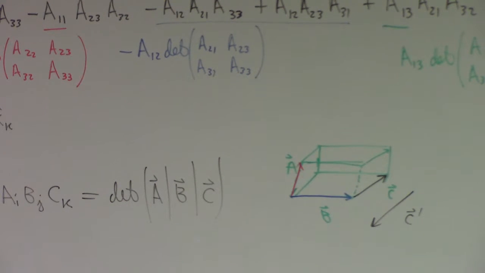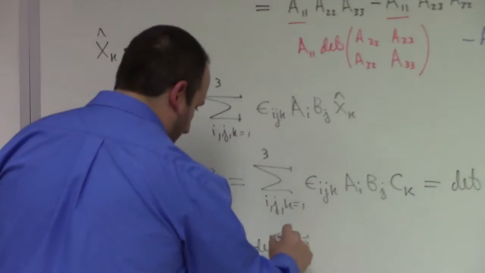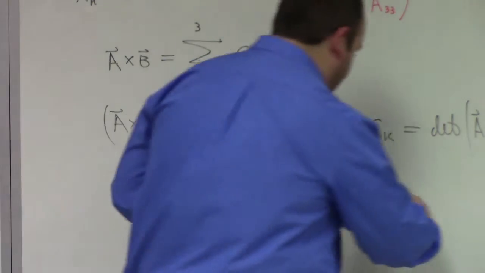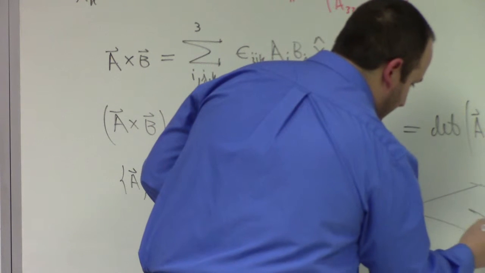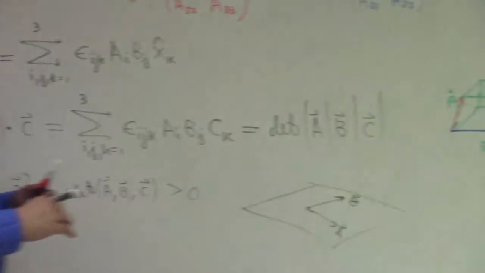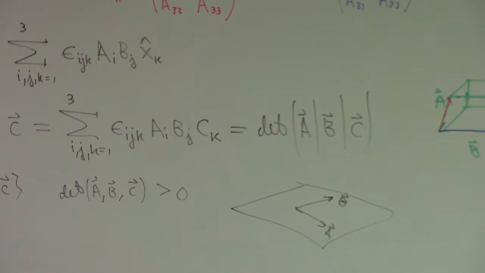And so basically that is giving a sense of orientation. If you think about the set of vectors A, B, C, if the determinant of A, B, C is greater than 0, what that means is, if you think about the plane, if that's the vector A and that's the vector B in this plane, then C is on the same side of the plane as the cross product of A and B. So A cross B goes up.